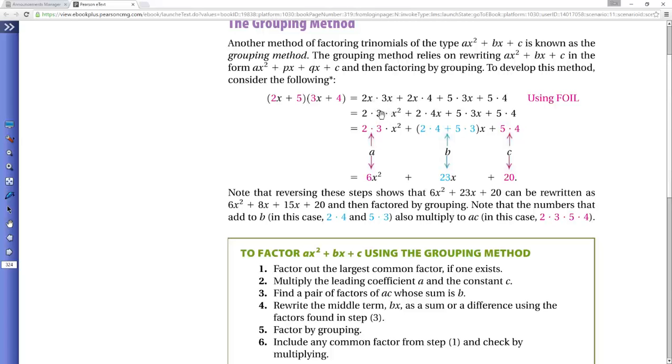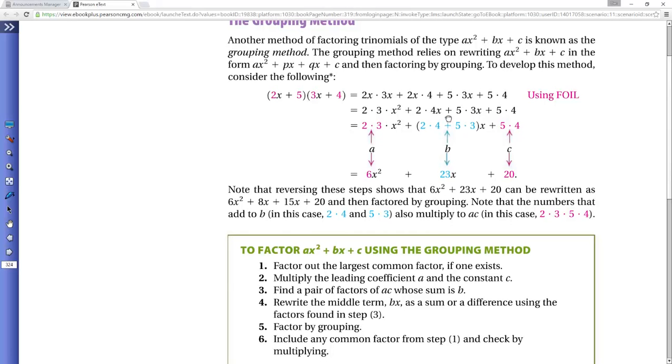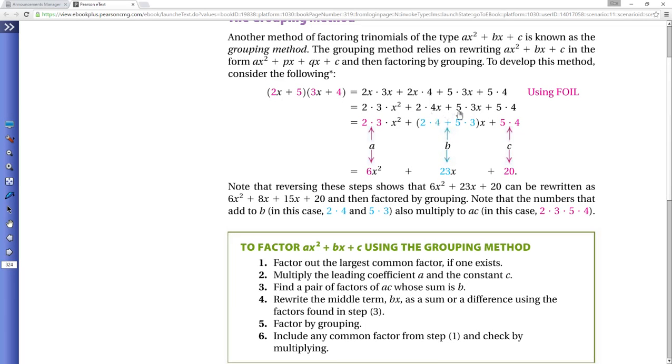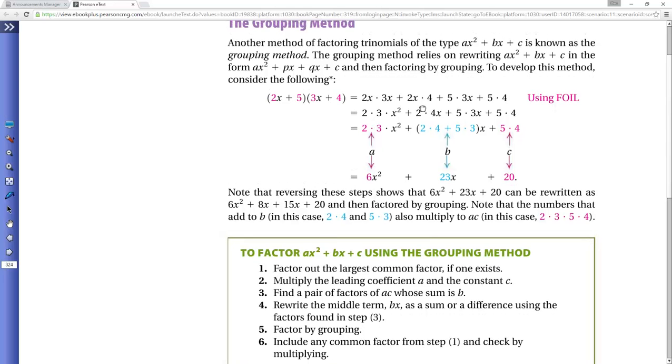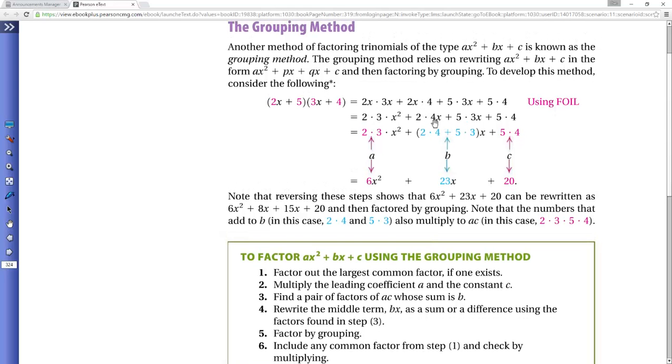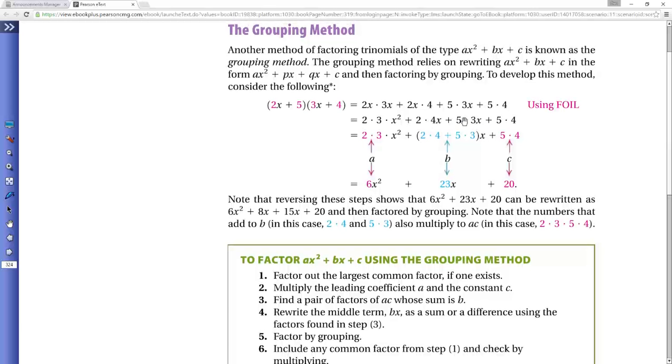They change this multiplication order. Remember, 2x is just 2 times x, 3x, and so on. With the commutative property, I can change the order of that multiplication, and I can change the order of this multiplication. And what they're doing here is looking for possibly some ways to have a common grouping to do that.